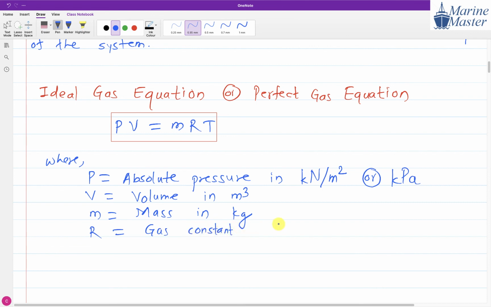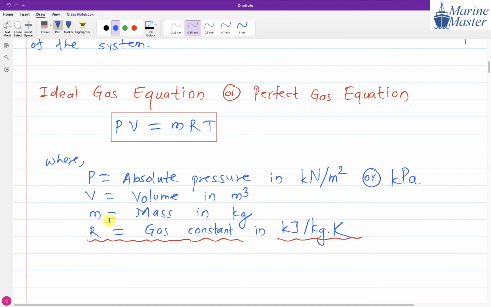It is a constant for a particular gas. See the unit: kilojoule per kg Kelvin. So this is the new term.